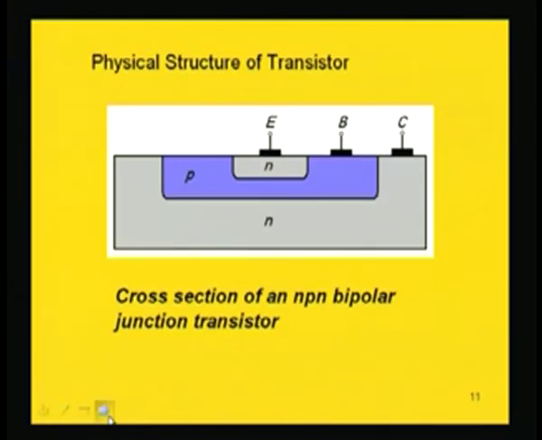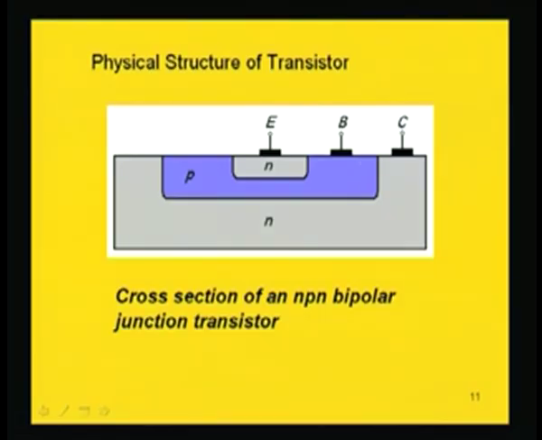Now, the physical structure of a transistor. If we see the cross sectional view of the transistor, physically it is like this. You see here this sandwiched region, which is the base region, is narrower. If we compare the cross section, this has the least area, and the collector region is the largest, and there is a certain reason for this, which we will get to later, because the collector has to handle a large amount of power. Current will be increased in the collector region of the transistor.